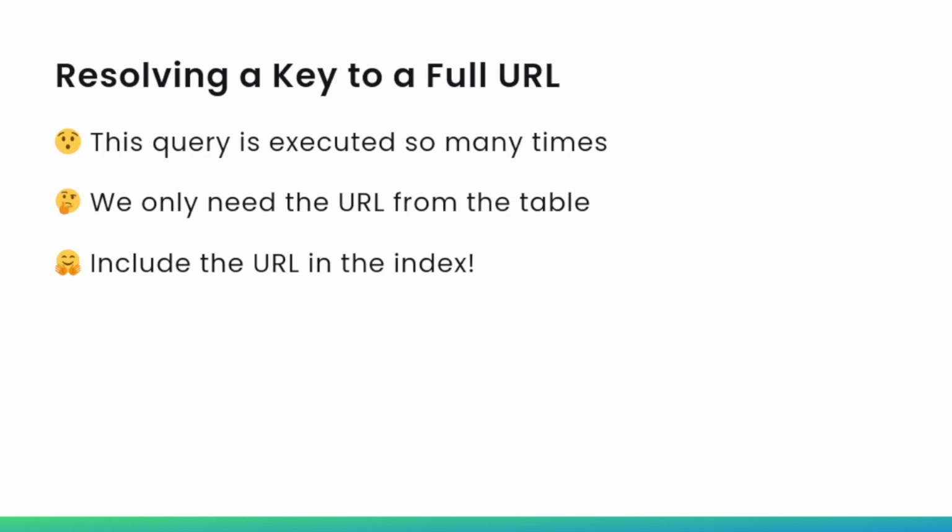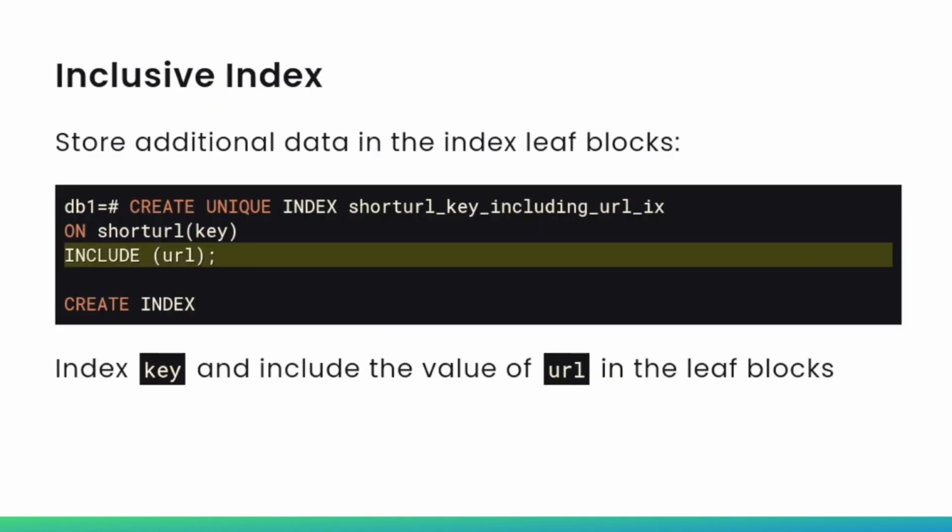We query for the key, but we then go to the table and we only get the URL. So what if we could just add the URL right there in the leaf block of the index? That's wild. Imagine that. That's actually possible, and it's called an inclusive index.